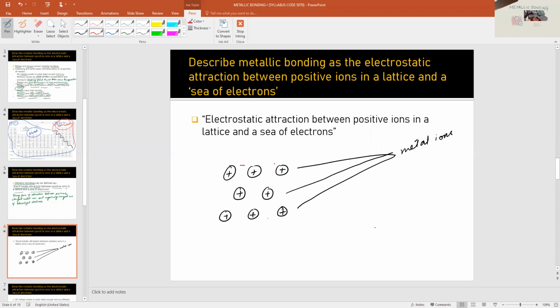And you have delocalized electrons. These charged particles are mobile or delocalized electrons.